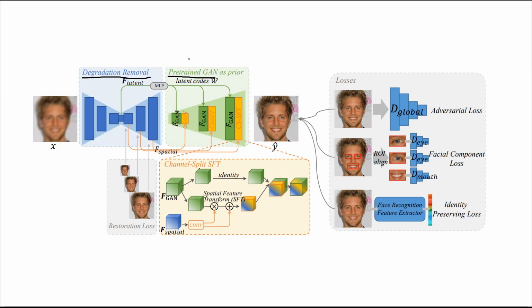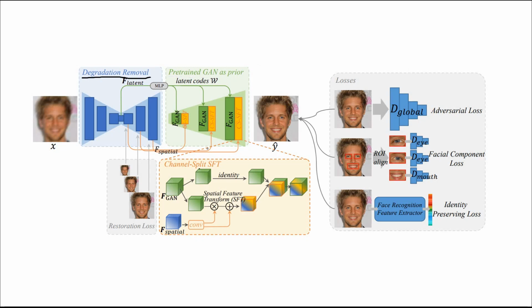We will not train them, we will freeze them, so we will not update their weights, because they were trained previously on a large dataset and they know how to create high quality faces. So why would we need to train them? But we need to guide the features that we will get from these layers inside the pre-trained GAN network.